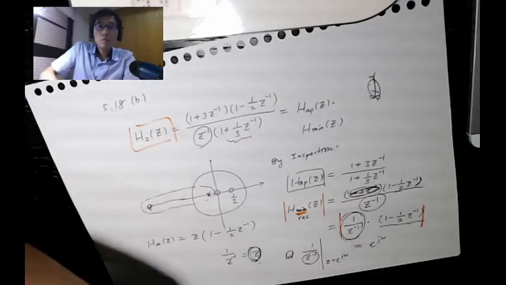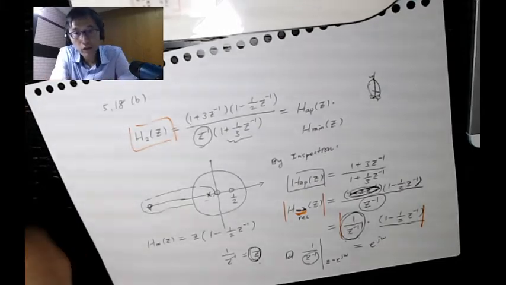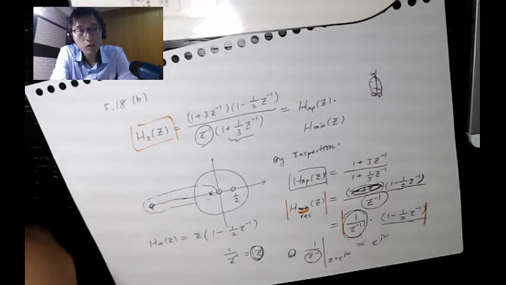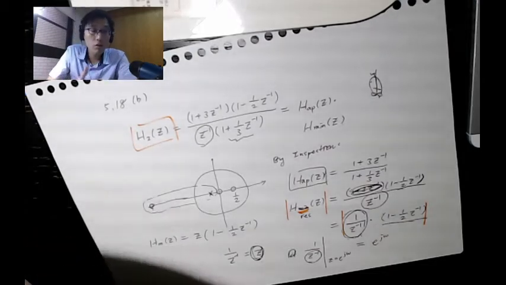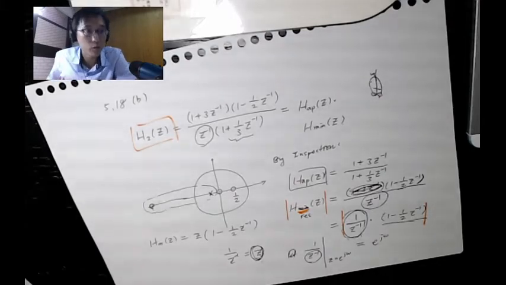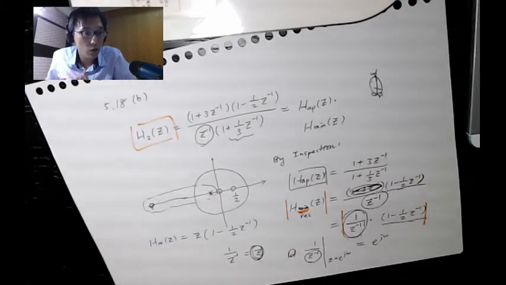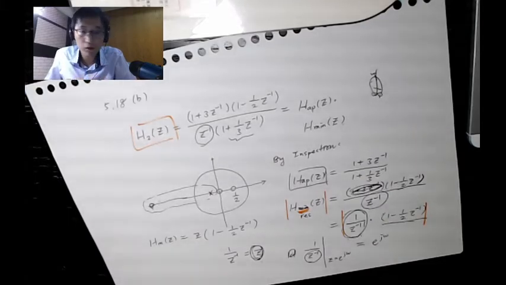I can agree with the TA that this is a non-causal system. So maybe what is really important is not whether this system is minimum phase, but how we implement the system. In practice, it's not that important to call it a minimum phase filter or not. What is more important is how to implement it. As long as we all agree that this is going to be a non-causal system, and we are aware of this, I think we're fine.